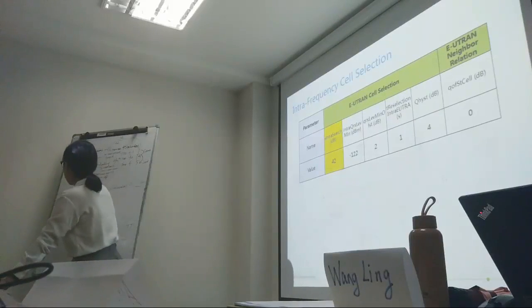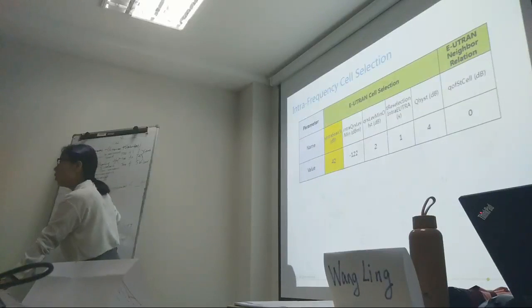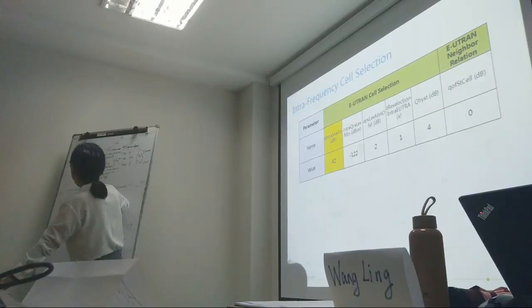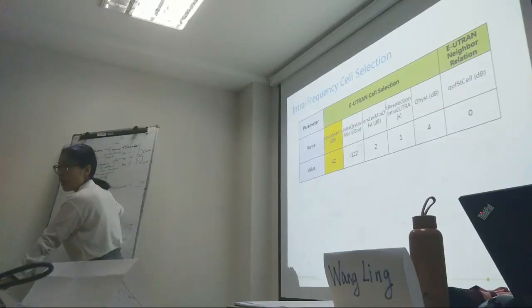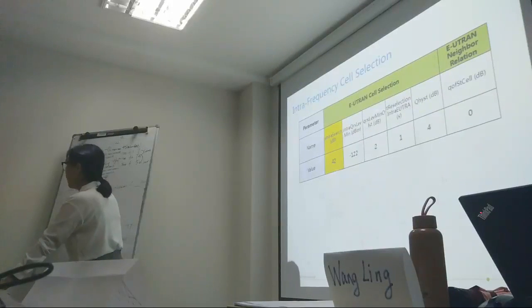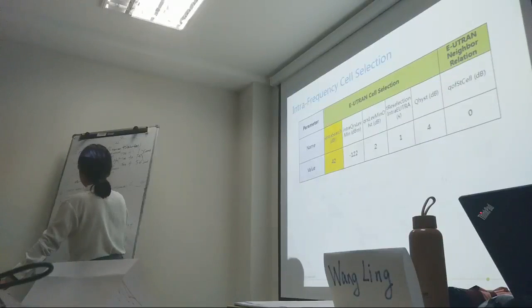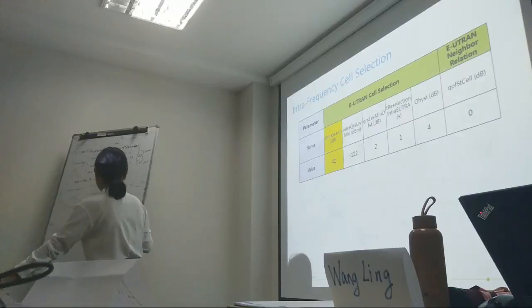This value equals this part, the total part. Now, this value should be less than the intersearch. Intersearch is 42. So this value should be less than 42 minus 120.